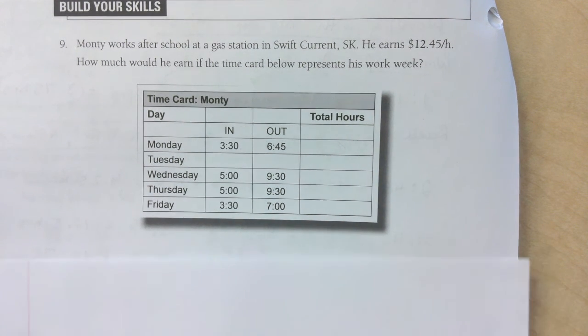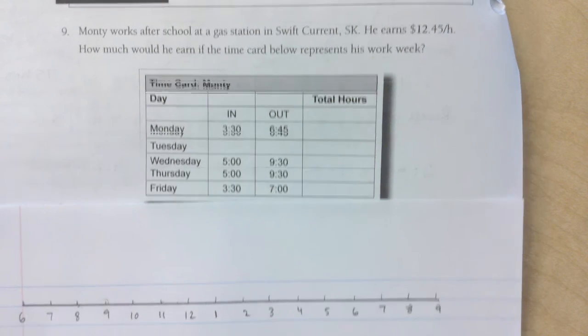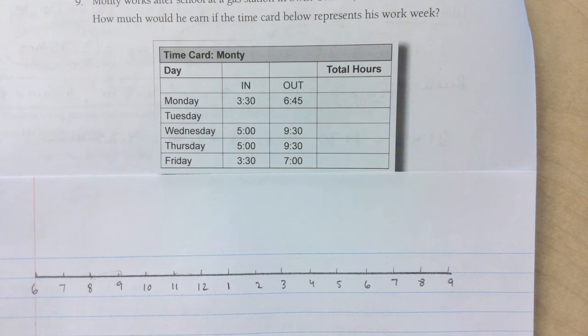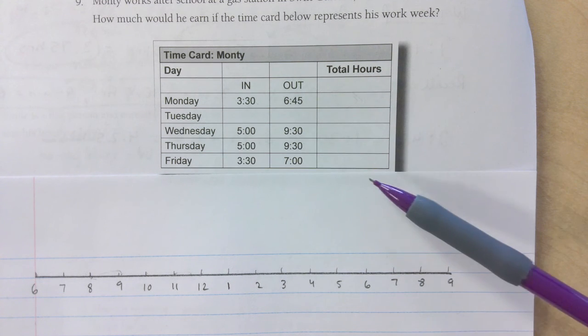So have your study sheet with that number line and figure out how many hours you've been working. In this case, I would start in the afternoon, right? It's the afternoon to evening that you're figuring out. And then come up with the total number of hours as well.